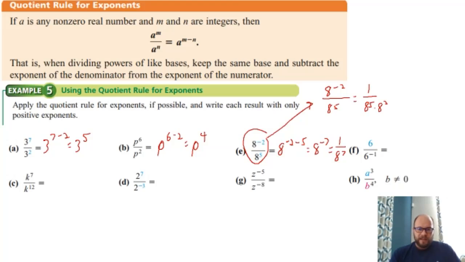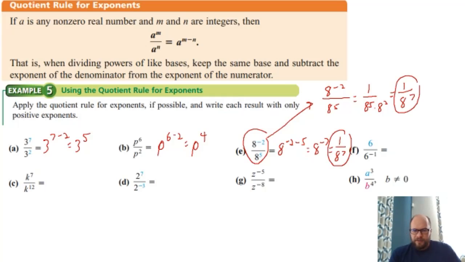I didn't have to move the 5 on the bottom because that part wasn't negative. So I'm just moving this one down. So now this would be our product rule instead of our quotient rule. And we'd have 5 plus 2, which is 7. So again, notice both of these come out to the same thing, 1 over 8 to the 7th power. Again, same thing.